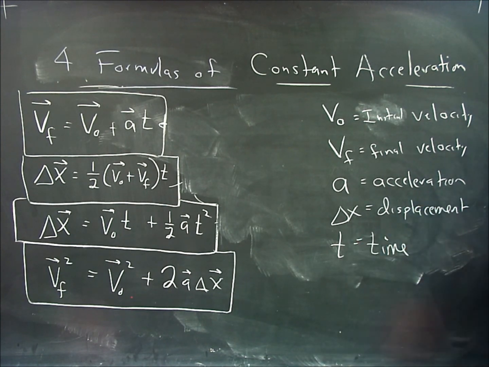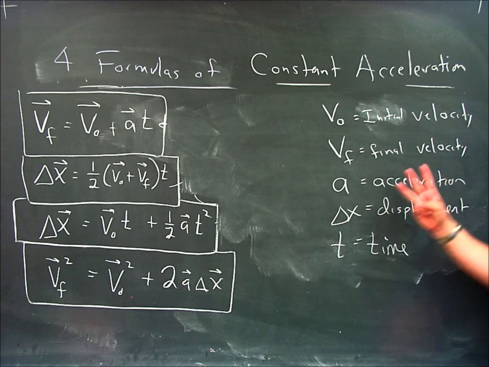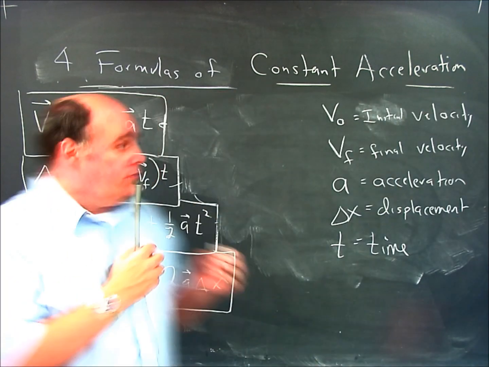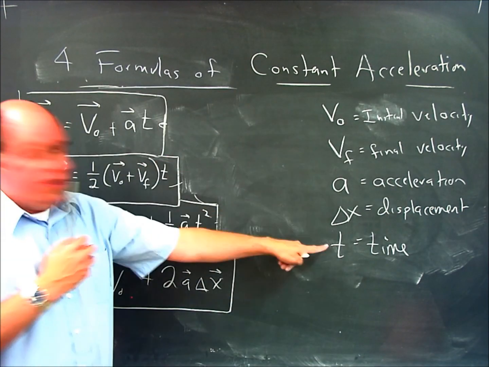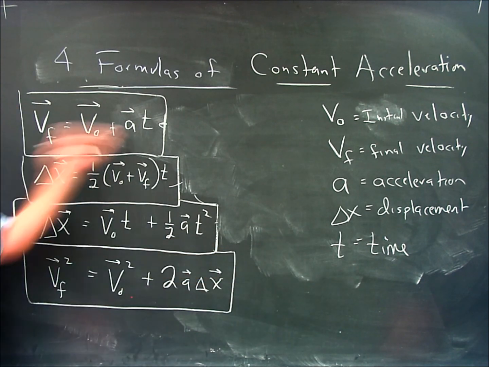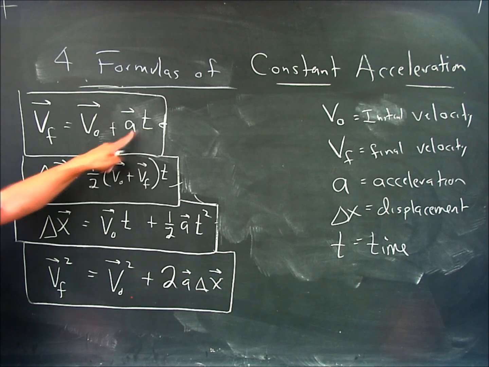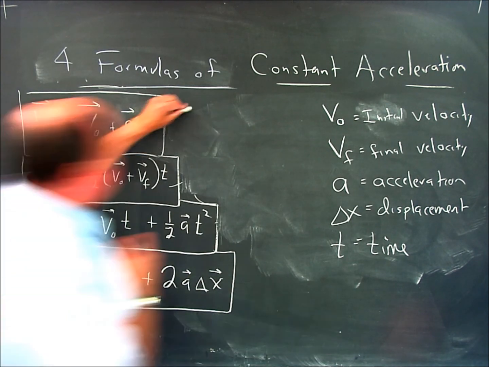Okay, so of those 5 things, when you read a word problem, you'll usually get 4 things. There'll be 3 things which will be given to you, and there'll be 1 thing that you're going to be looking for. So if you just look of those 5 things, there's 4 different things in each of these formulas. This one does not have delta x. So this one is missing delta x.